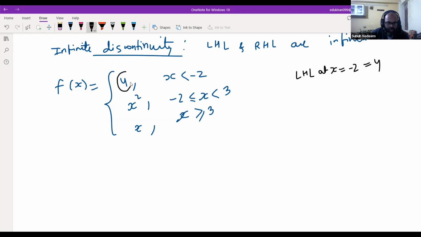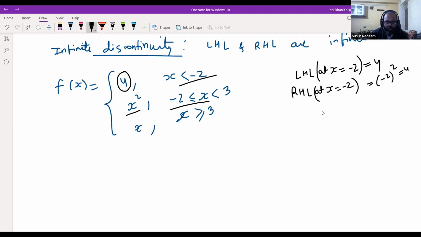The right hand limit at x is equal to minus 2 is x square, so minus 2 square, that will also be 4.